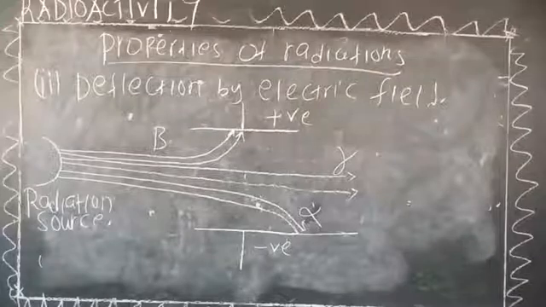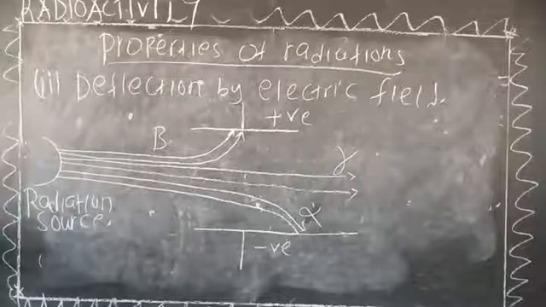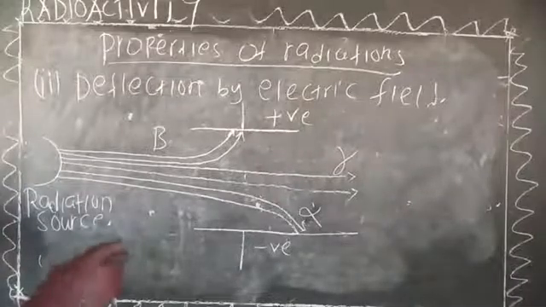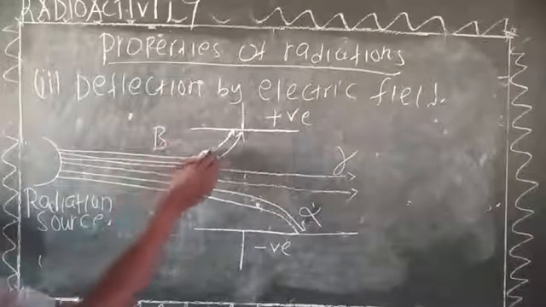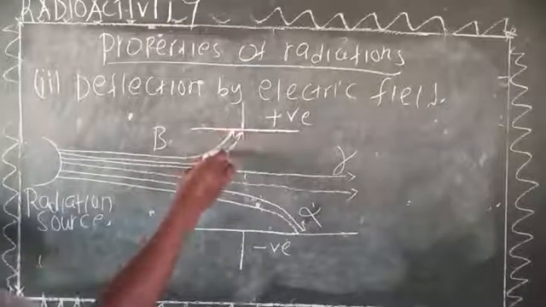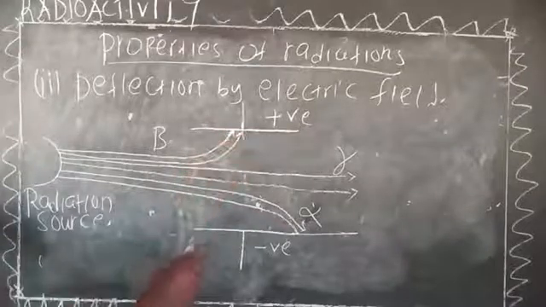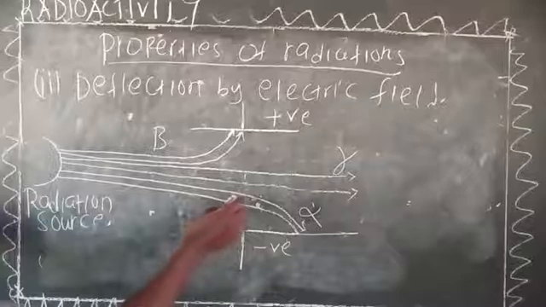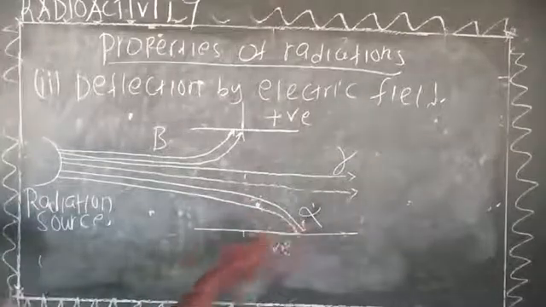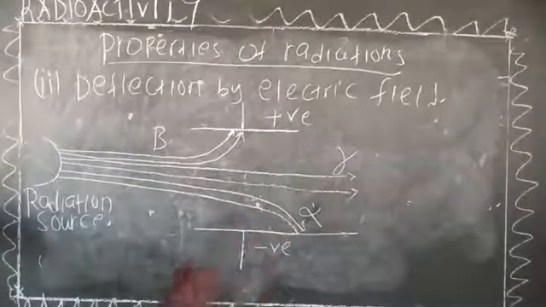It is important to note that the magnitude by which the beta particles are deflected towards the plate is much higher than the magnitude by which the alpha particles are deflected.